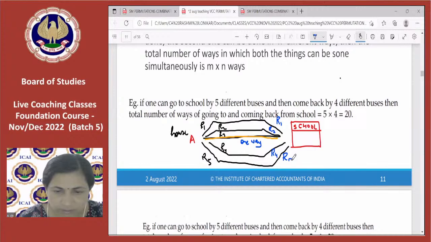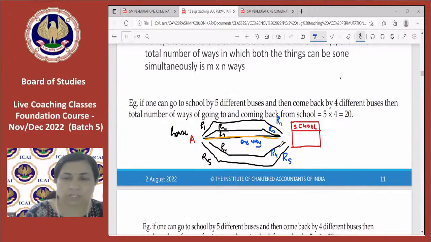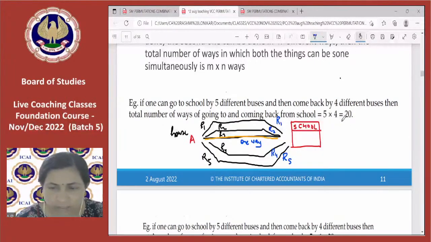So there are different combinations. A can go either by R1 while going to school. While coming back, he may come back by the bus route R5, or he may come back by R4, or by R2, or by R1.